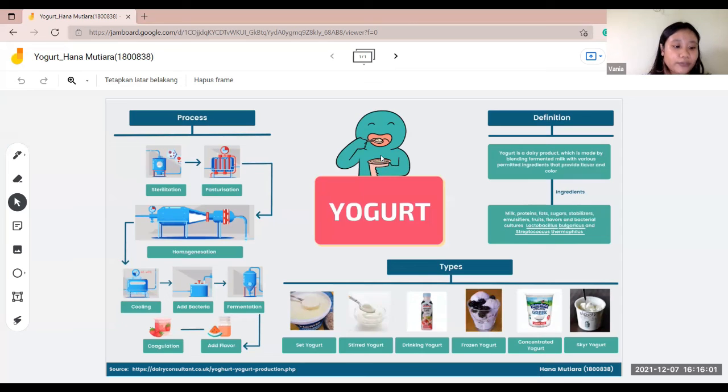And then the fourth one, from Yuli: what is the difference of the incubation process between set and stirred yogurt? For set yogurt, incubation is done in the package for about 4 hours, and for stirred yogurt and drinking yogurt, it is in a tank for between 5 and 7 hours. And then the last question is from Fauzia.